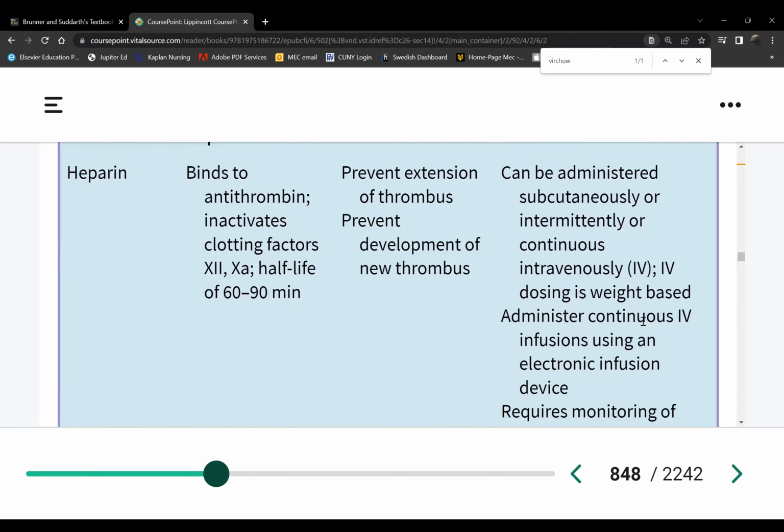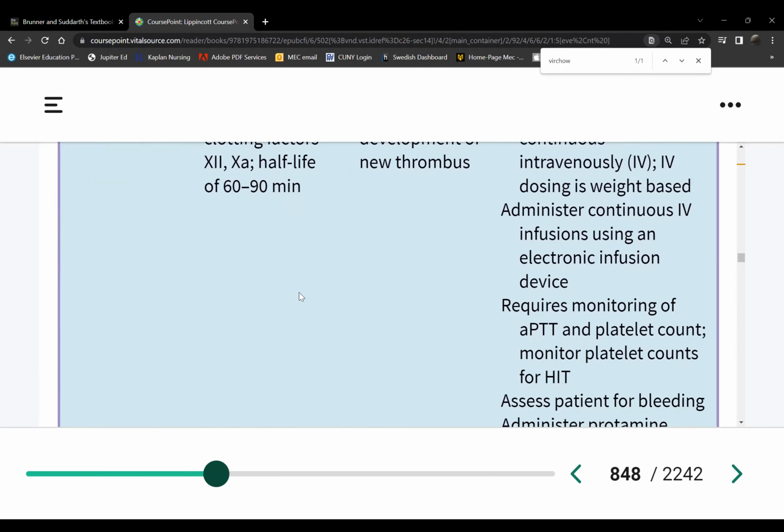Submassive and massive PE patients will receive a continuous IV infusion of heparin. Now look at the half-life. Since it's only 60 to 90 minutes, do we need frequent or infrequent checking of the PTT? Frequent. That's the reason for every 6-hour PTT monitoring.